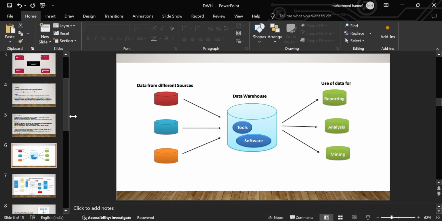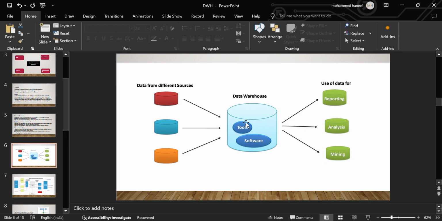In the diagram, we have data from different sources, which may be files, databases, or APIs, which pull the data from different source systems into our data warehouse.